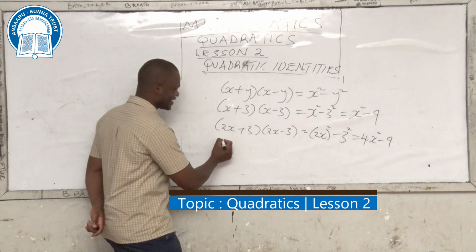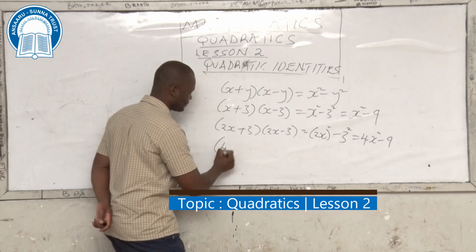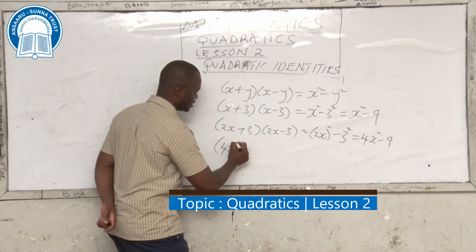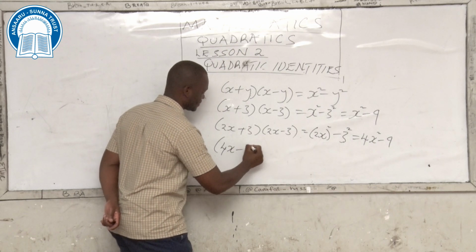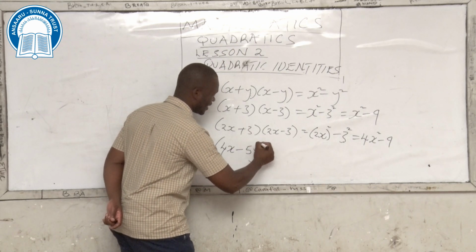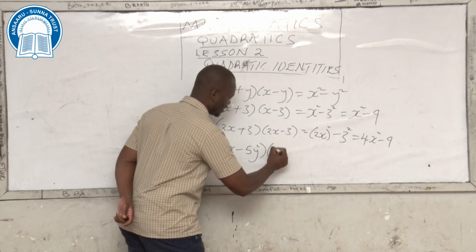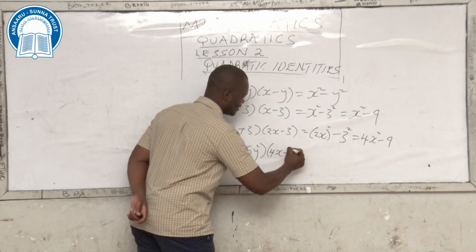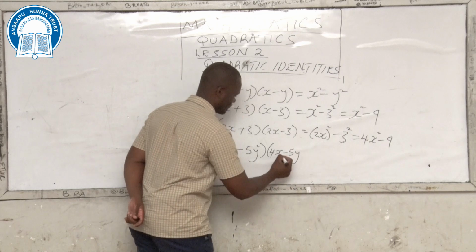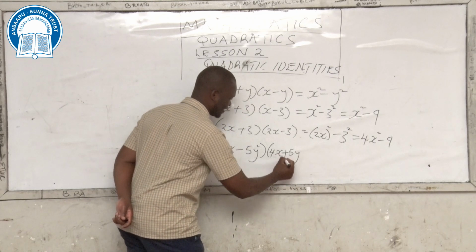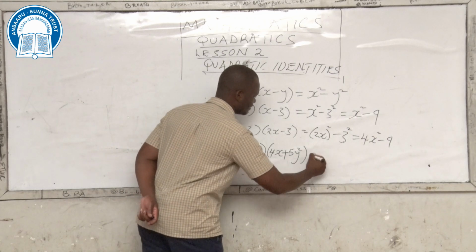Then our last example, we have 4x, let's say, minus 5y squared. Then again 4x plus 5y squared.